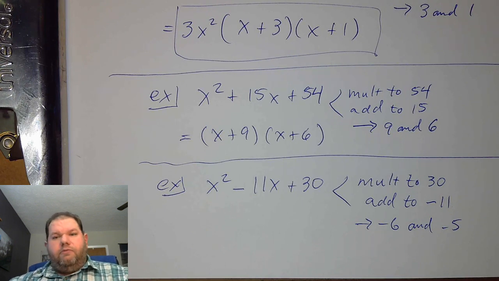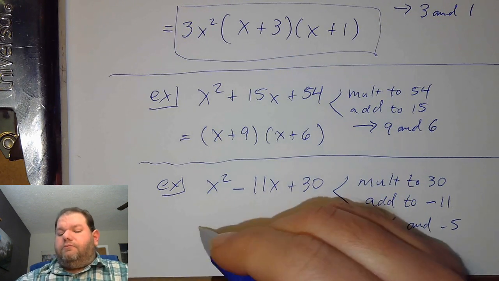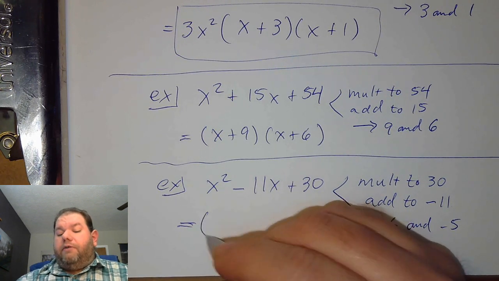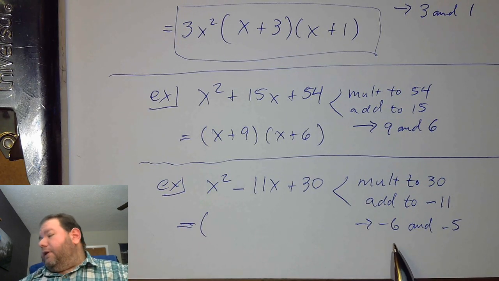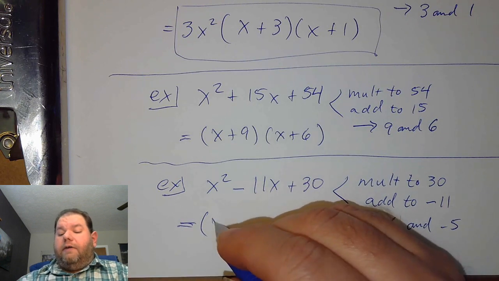So now we have to have a little bit better understanding of how combining numbers works and making sure we're okay with that. Now when we write our factorization, we'll just include negatives instead of positives. So it'll be x minus 6 and x minus 5.